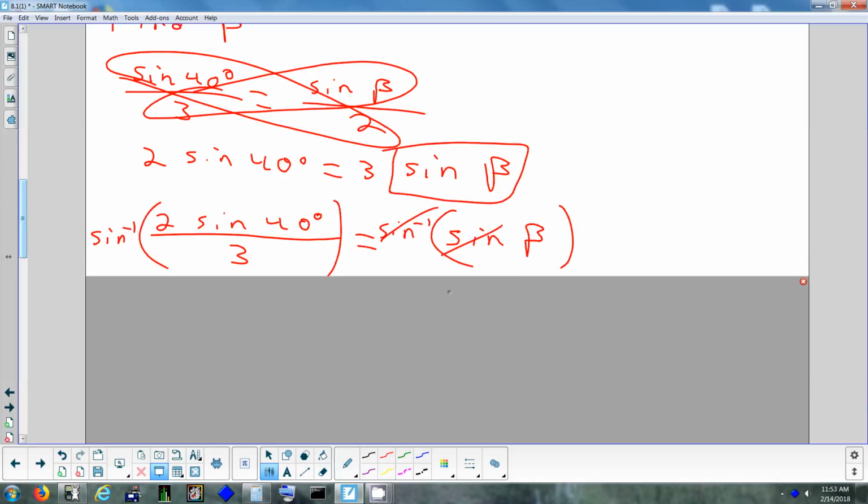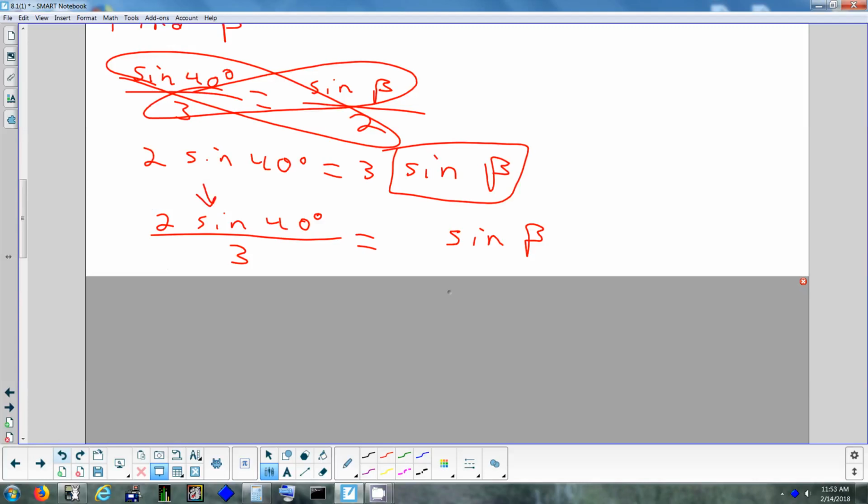Now, before I even type that in, this said 2 sine 40 divided by 3 equals sine beta. Just look at that step right there. What kind of number would that be? If you type this all in, 2 sine 40 divided by 3, it would be a decimal, but what other kind of number would it be? Brandon kind of brought this up earlier with a number he got. Negative. He said he got a negative.